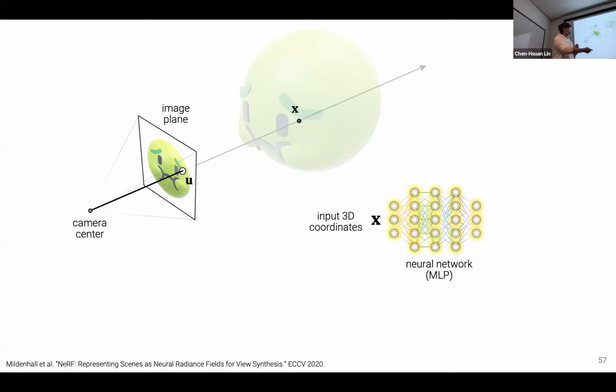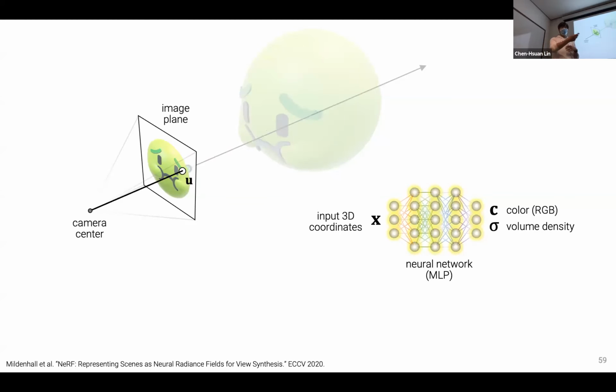We feed this into an MLP as the input 3D coordinate, and then we learn to predict what the color and the volume density is. So this is very simple: the input is a 3D coordinate, and we try to predict the color and also the volume density. We densely sample all the points along this ray for this pixel, and then we predict the colors and the volume densities for all the points.